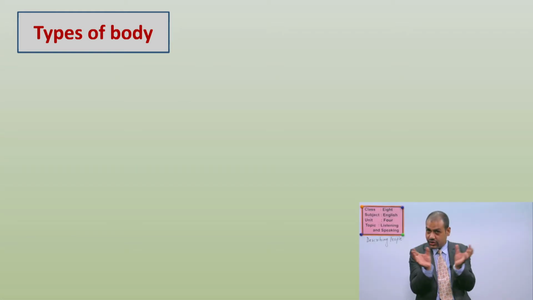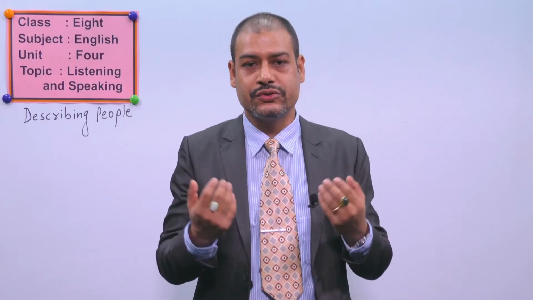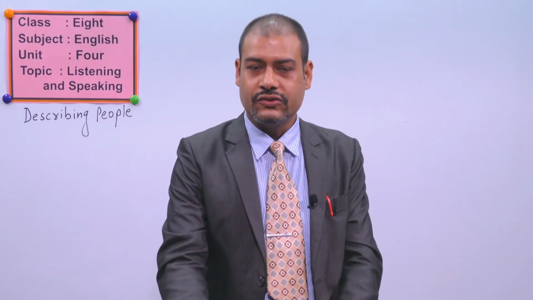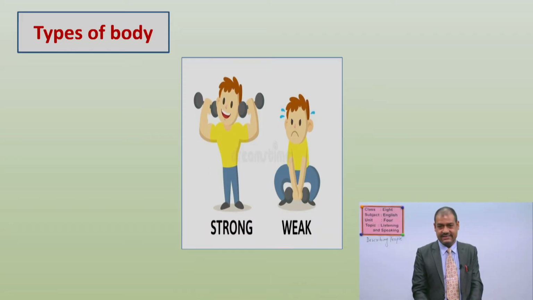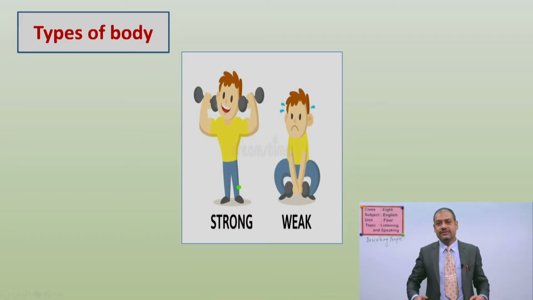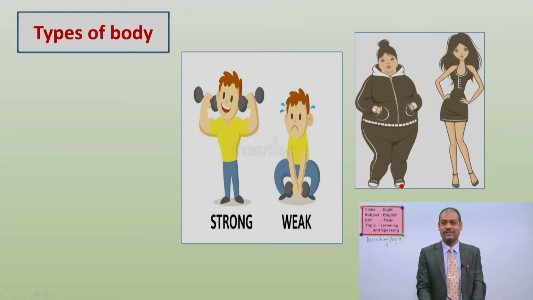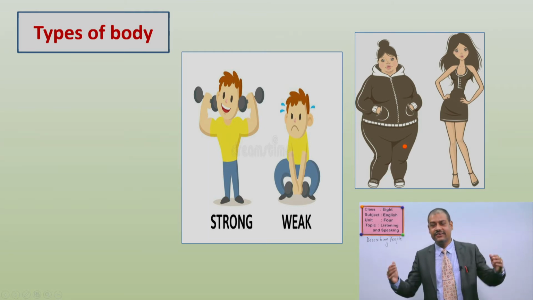What types of terms or what are the terms we use to describe body, or let's say some other parts of our body? And then we will do some exercise. So if you want to describe people's body, you can say strong or weak, okay? Likewise, what do you see there in the picture? Yes, fat or thin, or you can say slim.